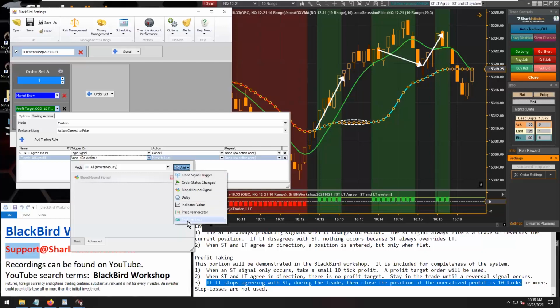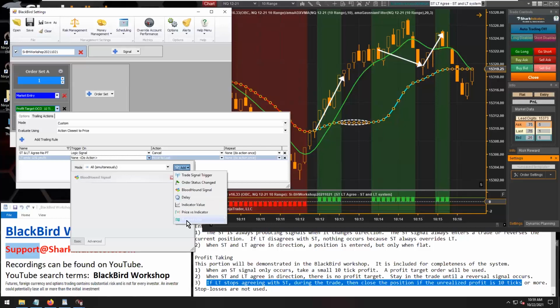For those of you who are kind of advanced BlackBird users, the delay is not going to work in this case, because for this 10 ticks of profit, we literally want to check the unrealized profit. We're not waiting for a 10 tick delay, so the delay is not going to work in this case.